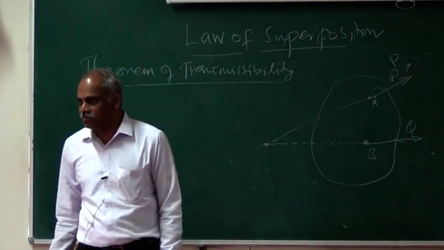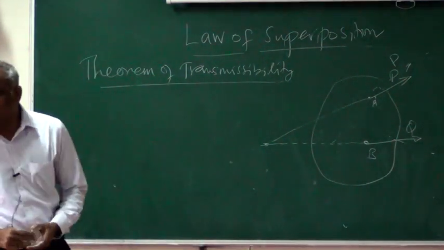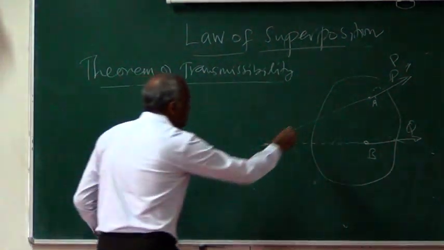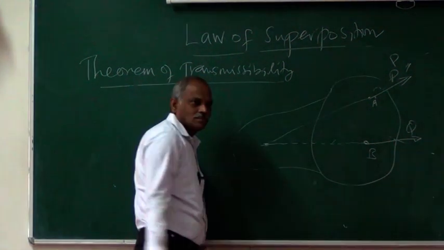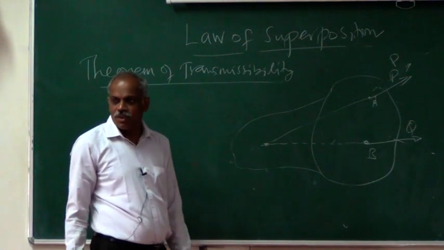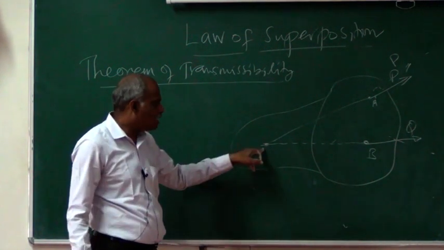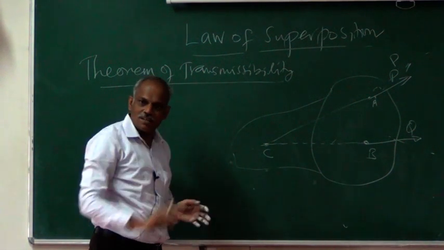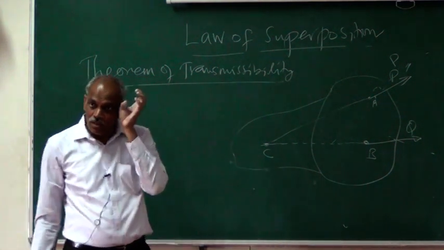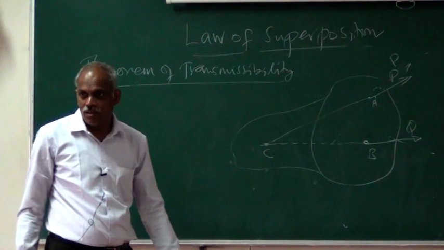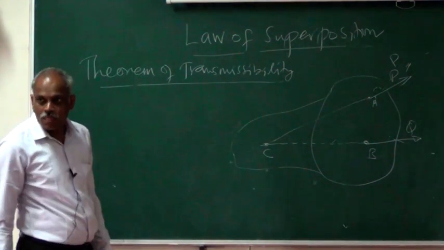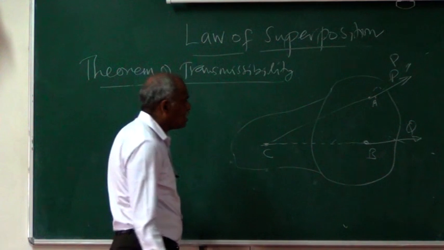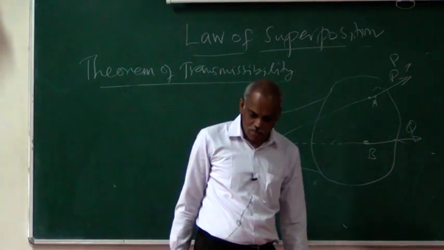It's not on the body. Still, what you can think is that this body is extended imaginarily. You can imagine that the body is extended and contains this point C, then you can shift the forces there and get the resultant. That's how you can get the resultant of two forces which are not acting at the same point.